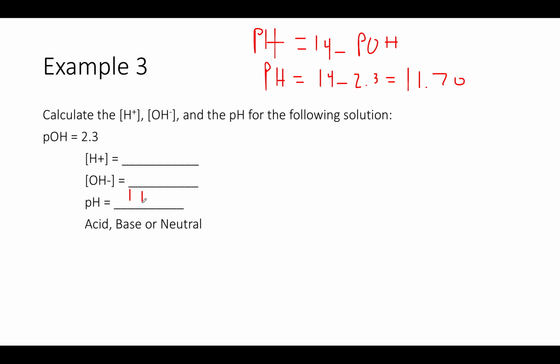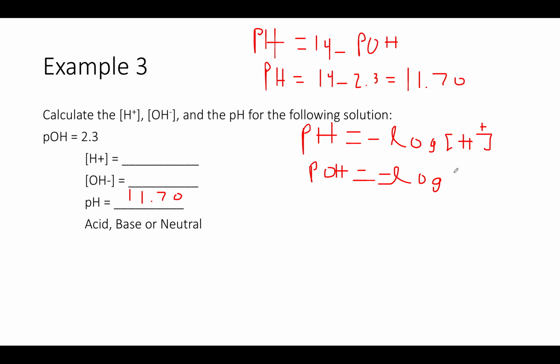So that's the pH. Now to find these two concentrations, you're just taking the inverse of the log. So the inverse negative log of the pH would equal the hydrogen ion concentration, and the inverse negative log of the pOH would equal the hydroxide ion concentration.